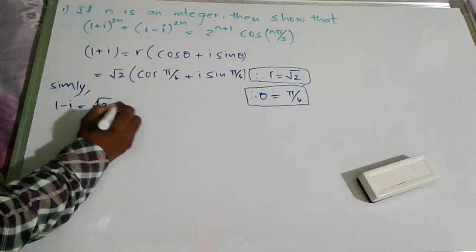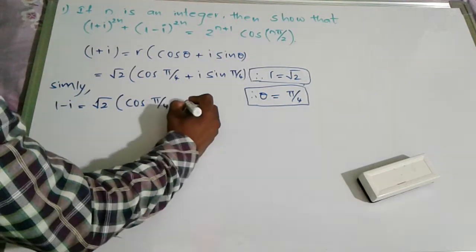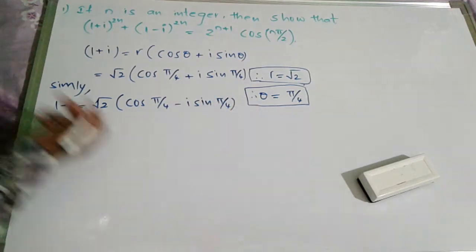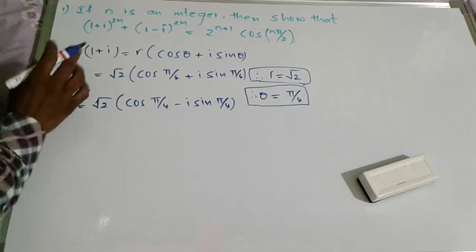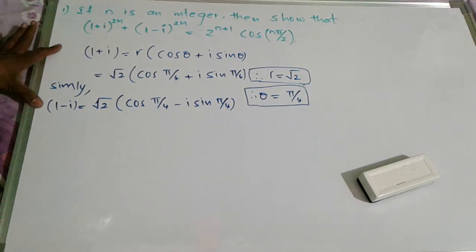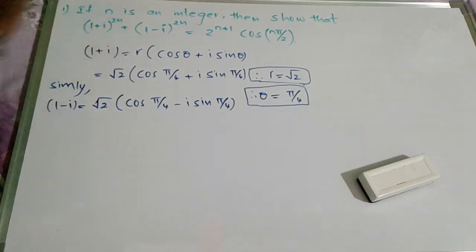We get root 2 times cos pi by 4 minus i sin pi by 4. So we got the 1 plus i and 1 minus i polar forms. So we have to substitute these two values over here.